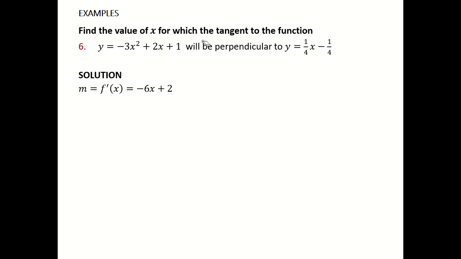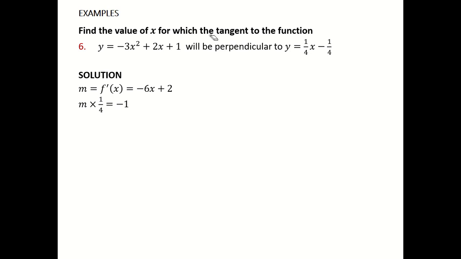But we are given that when you multiply m of the tangent with m of this line, which is 1 over 4, they should give you -1, because the tangent and this given straight line are perpendicular.